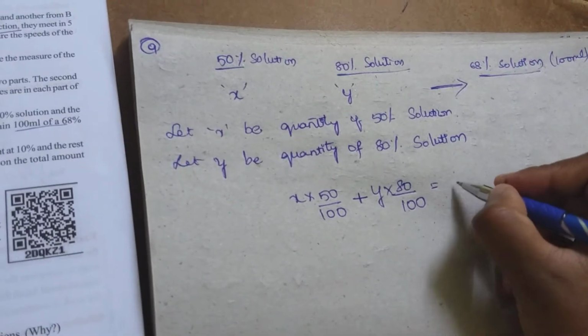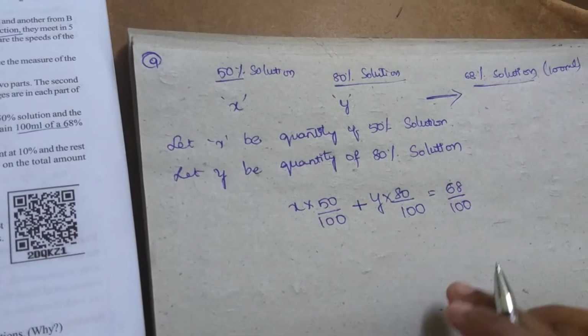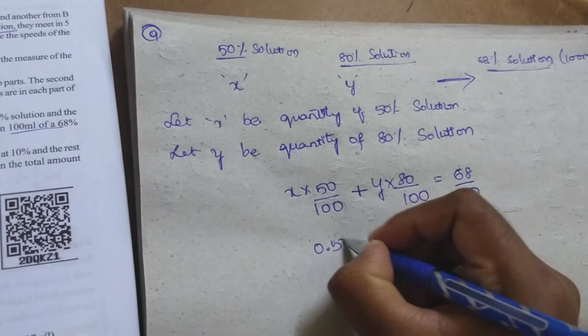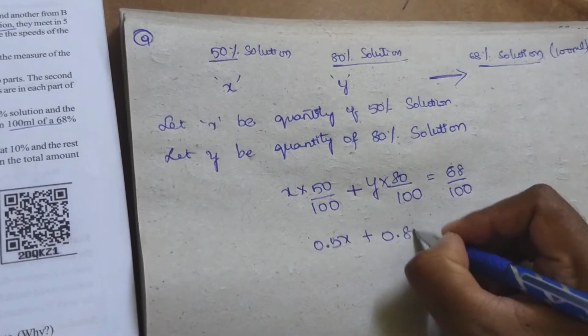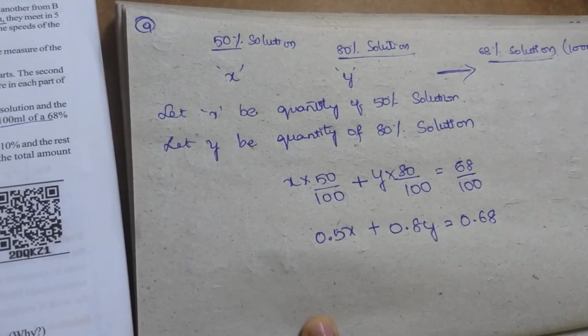We'll get 68 by 100. Okay. So this can be written as 0.5x plus 0.8y equals 0.68.